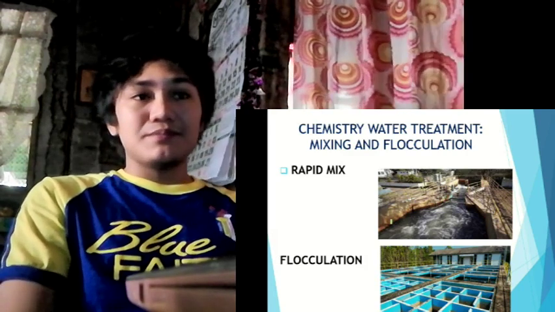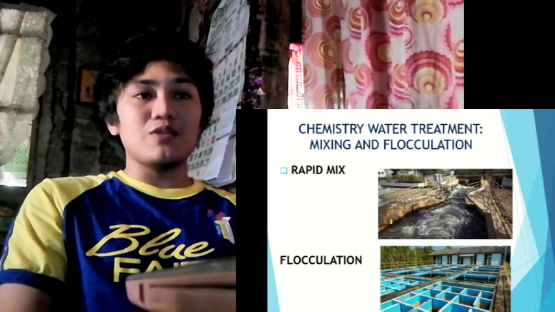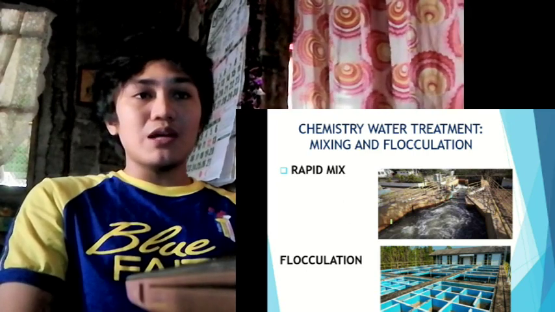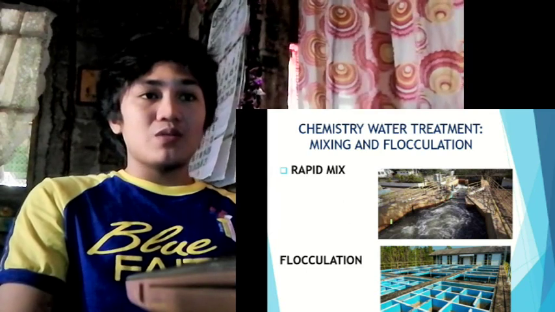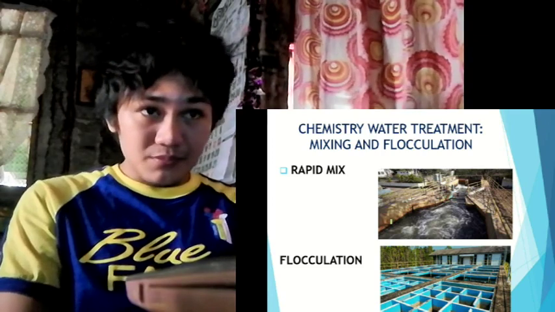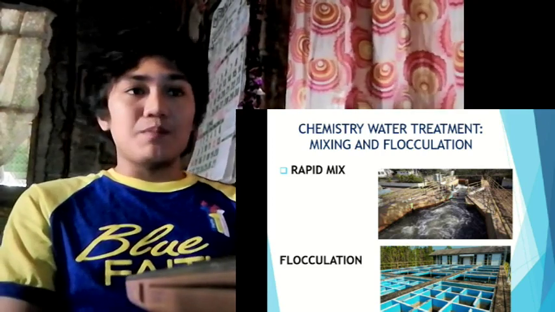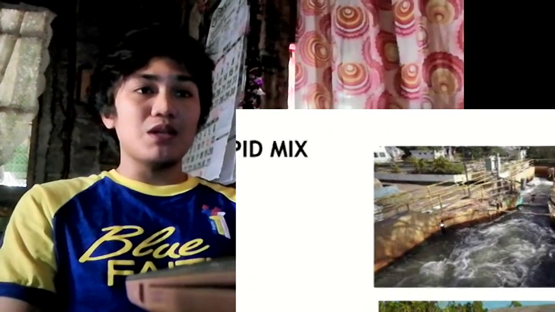Rapid mixing is probably the most important physical operation affecting coagulant efficiency. The chemical reaction in coagulation is completed in less than 0.1 second. Therefore, it is imperative that mixing be as instantaneous and complete as possible.